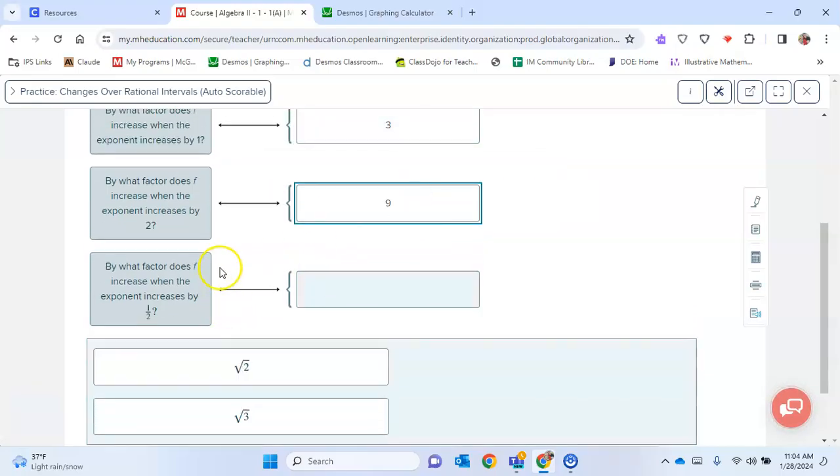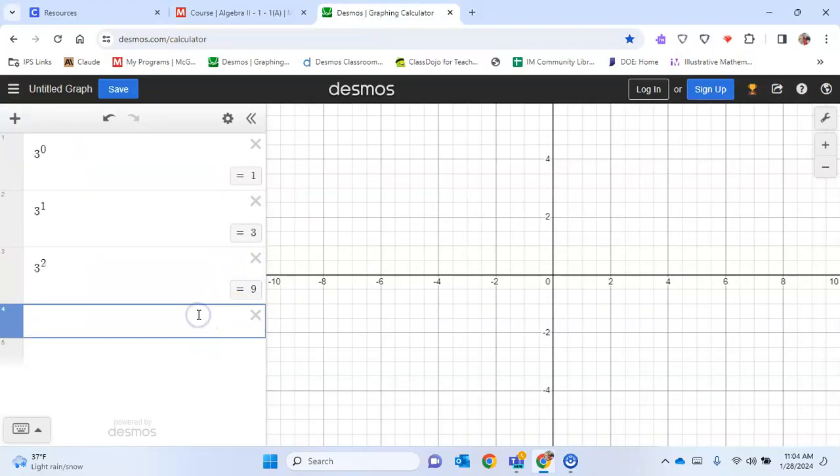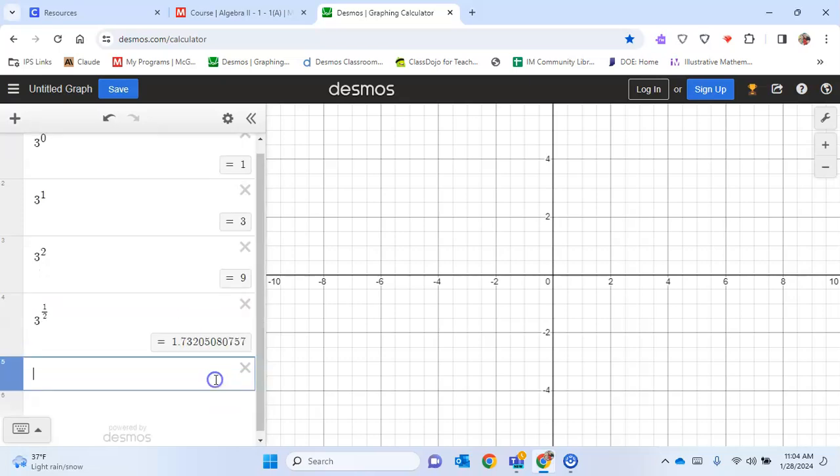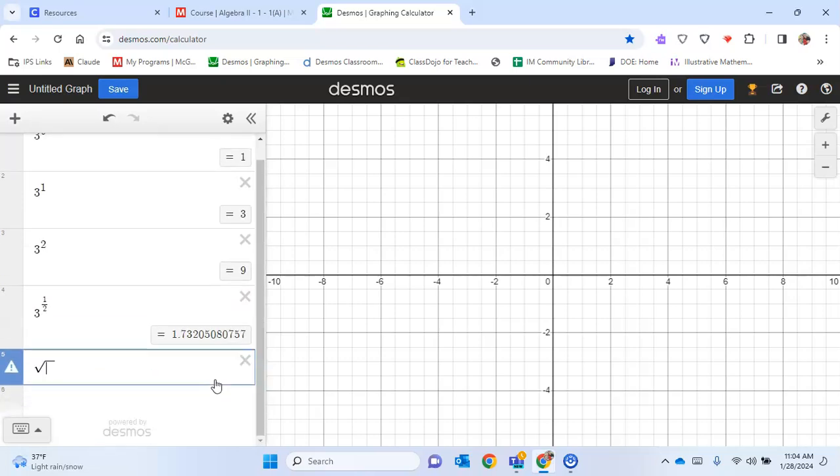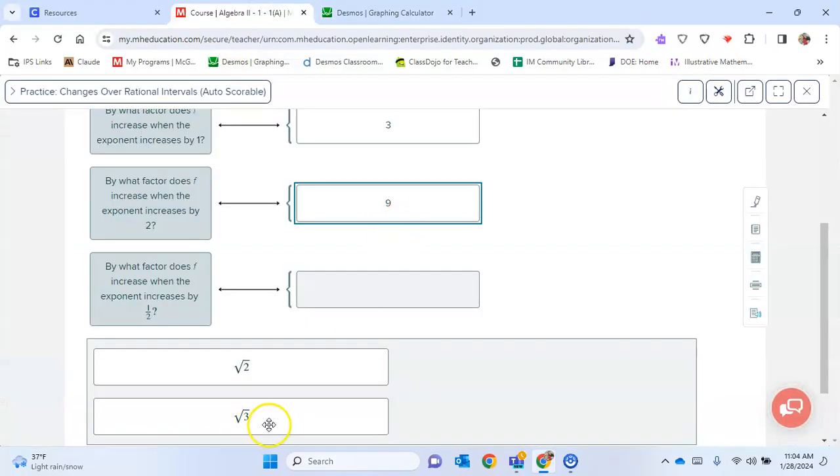By what factor does f increase when the exponent increases by 1/2? So 3 to the 1/2 power is the same as the square root of 3. So it's the square root of 3.